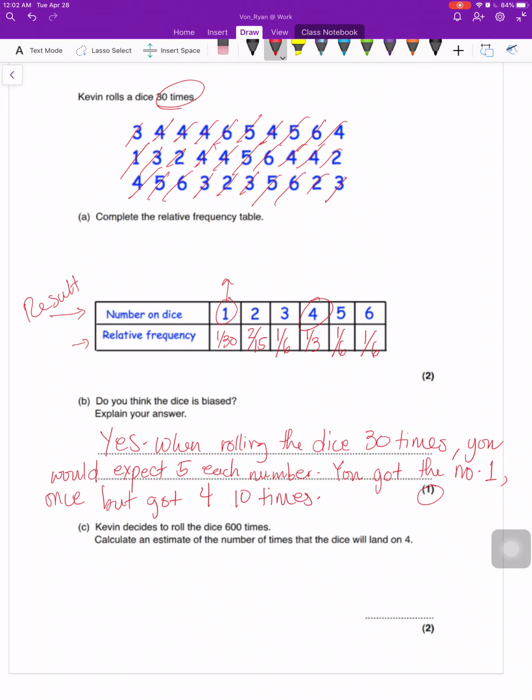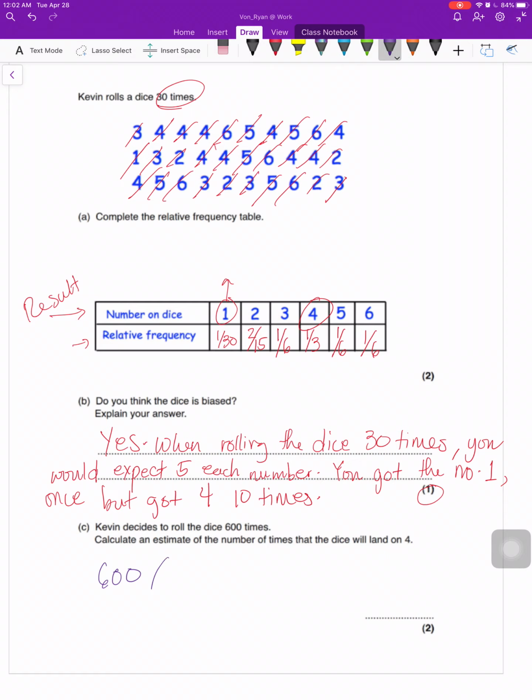Next, Kevin decides to roll the dice 600 times. Calculate the estimate of the number of times the dice will land on 4. Now you have to base that on your experimental data, on your relative frequency. So you're rolling it 600 times, and based on your table, your experimental probability or relative frequency for the dice to give you a 4 is 1/3.